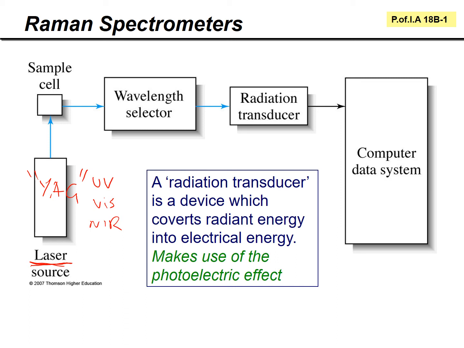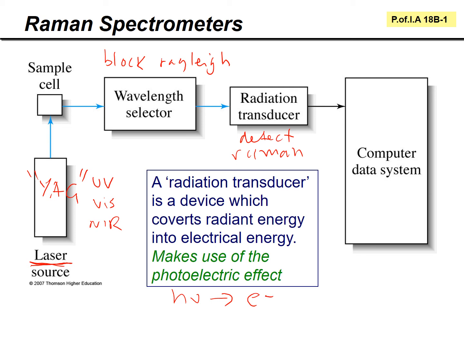So that's shone onto the sample, some wavelength selection so that you block the Rayleigh photons and then detect the Raman photons, and just use a transducer, so that's something which uses the photoelectric effect, photon in, electron out, and that gives you a signal which is then recorded.